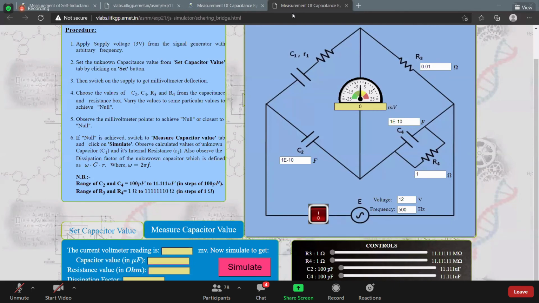Which type of input you are using? AC input you are using. Okay. AC.